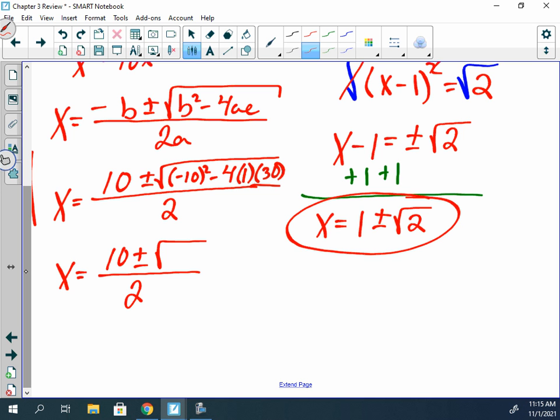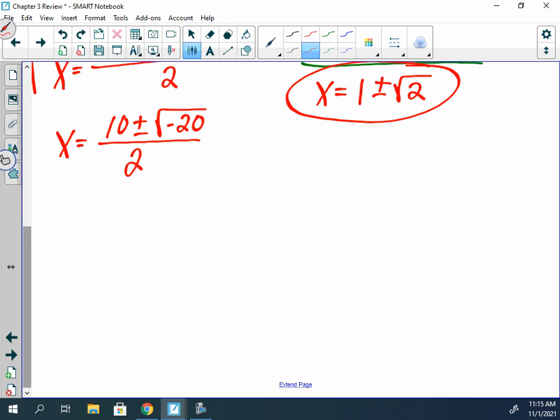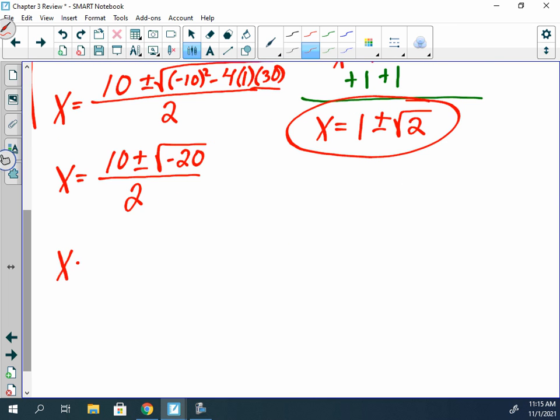And if we type that in, we should get negative 20. Now the square root of 20 won't reduce completely, so the graphing calculator would give us a decimal answer. Because of the negative, the calculator won't simplify the square root of negative 20.